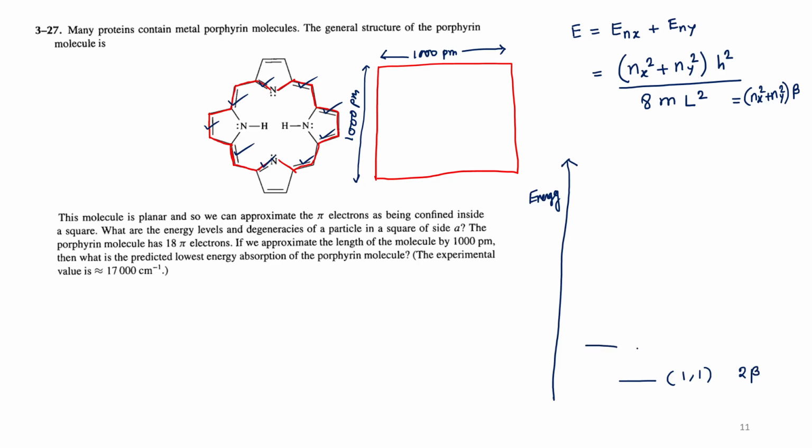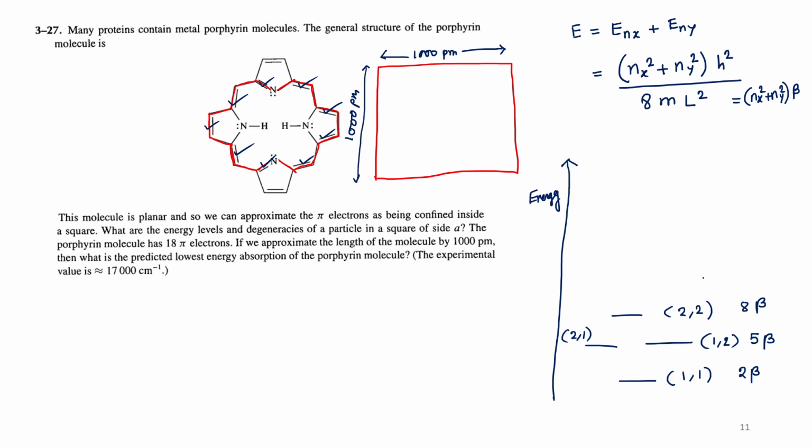Now let us think about these two states. One is 1 comma 2, another is 2 comma 1, right? What are the energies going to be? 5 beta. What about the next state? The next state is going to be 2 comma 2, right? So it is 8 beta.